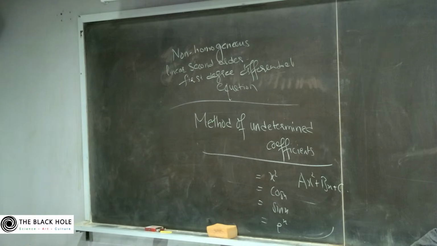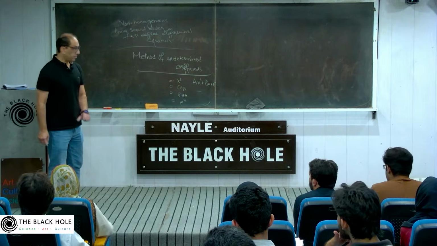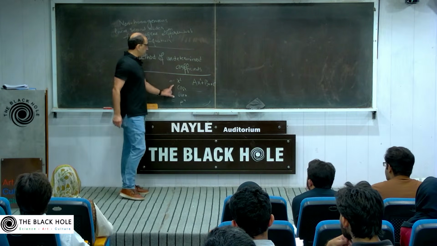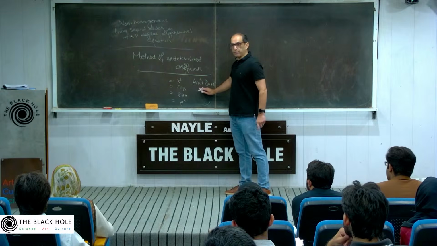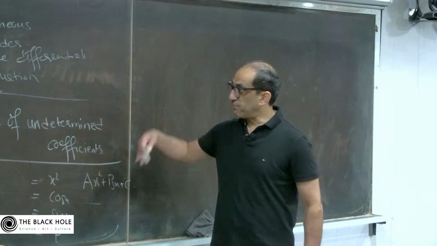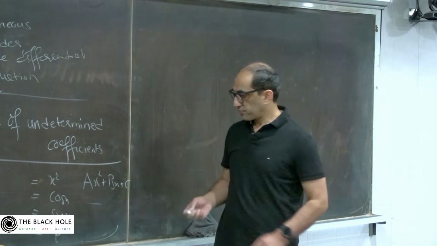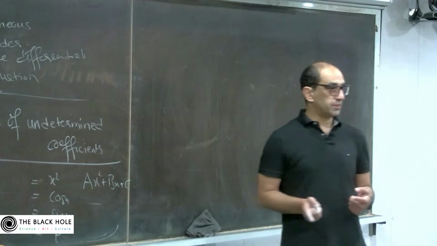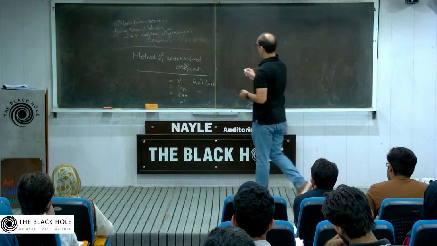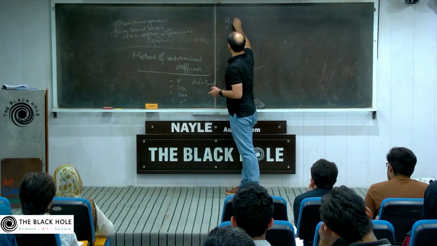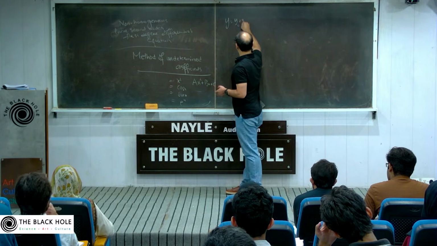You take the first derivative, the second derivative, plug them back in the original equation, compare the coefficients, and you find the answer, and you write down the solution using y is equal to yc plus yp.